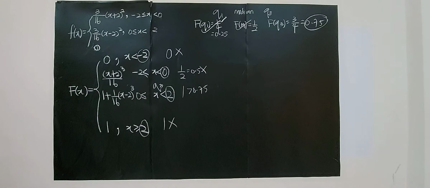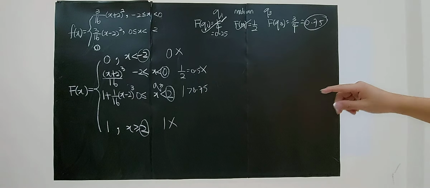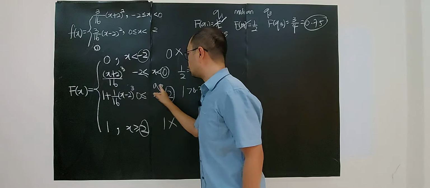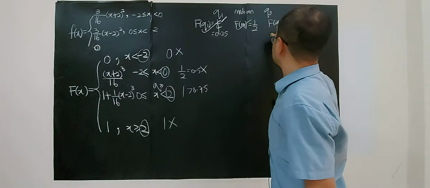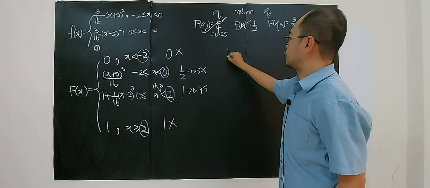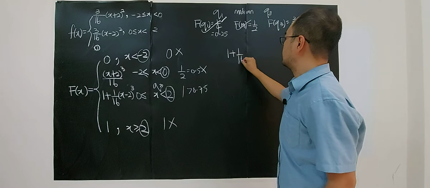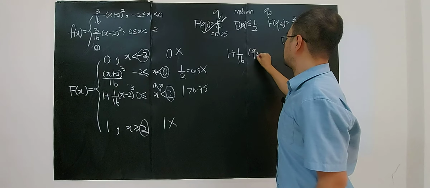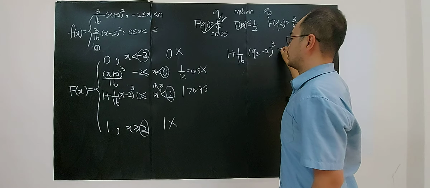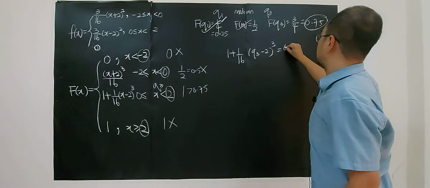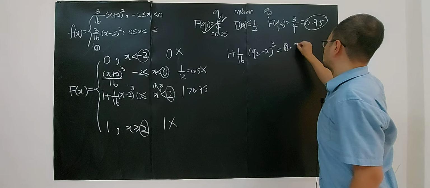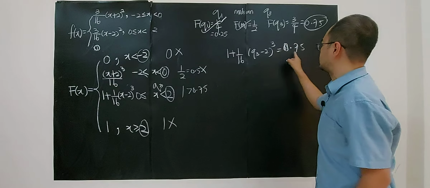You must note down. So now you know that the third quartile is in this interval, so immediately you substitute Q3 into here, right? F(Q3). So you substitute, you have 1 over 16 times (Q3 minus 2) to the power of 3 equals 0.75, right? Because you want the accumulated value to be 0.75.